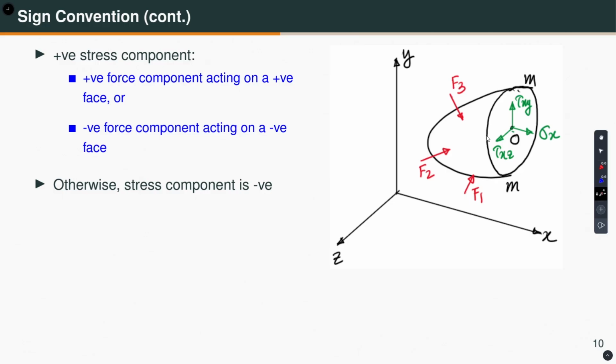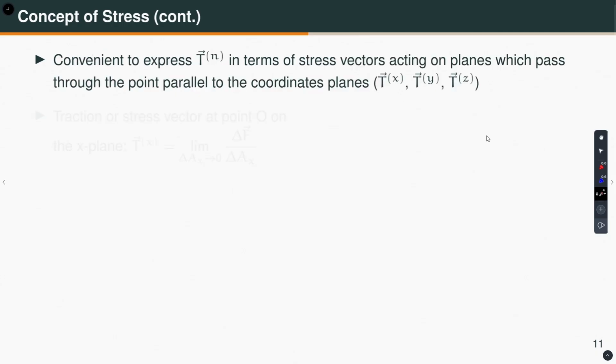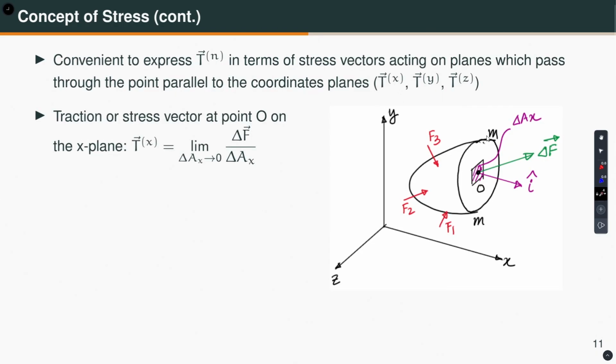Okay. So, now let us get back to the problem that we were discussing. We had a body and we cut it with a plane that is parallel to this yz plane, so that I got the unit normal in the x direction. Now, how many planes can I pass through this point? Well, we can pass infinitely many planes. But right now we want to look at planes that are parallel to the coordinate planes.